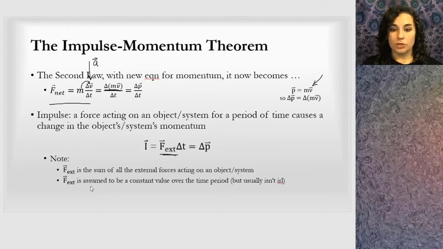And the assumption we're making about that is that it's assumed to be constant the whole time. This is algebra-based physics. We're not doing calculus-based with an integral where you could integrate over where it's not a constant value. That would be the technique there. But for us, for now, to use this principle, we can assume that this external force is constant, and often they will say the average force. What's the average force applied? And so this gives us an eyeball. It's usually not constant over that time period.